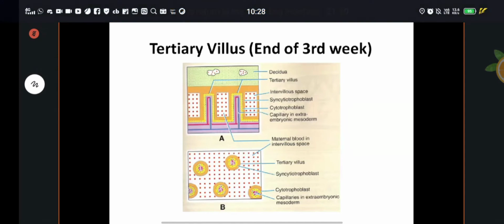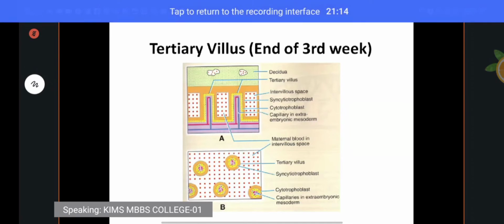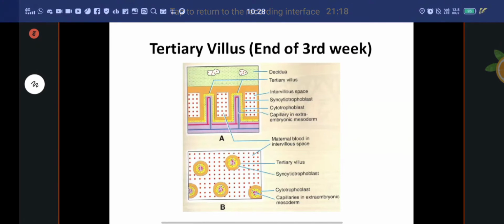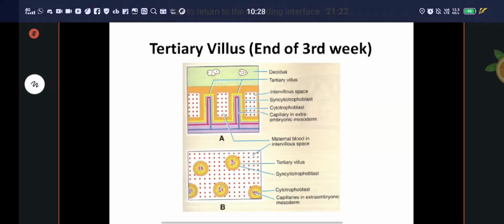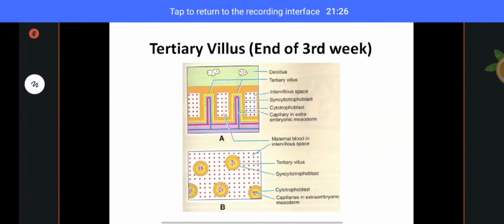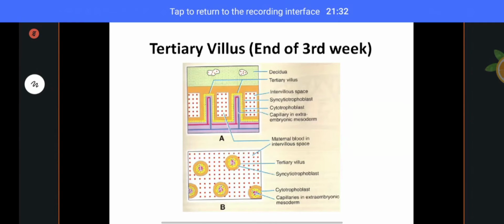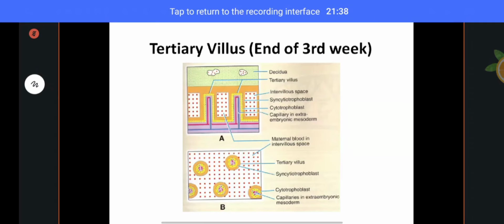So the villi are divided into 3 types: primary villus, secondary villus, and tertiary villus. Primary villus is nothing but outer syncytiotrophoblast and a central core of cytotrophoblast cells. Whereas secondary villus consists of 3 layers: outermost is syncytiotrophoblast, second is cytotrophoblast, and the third layer is extra embryonic mesoderm.